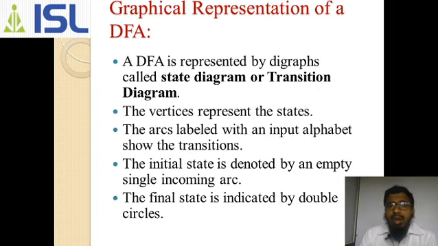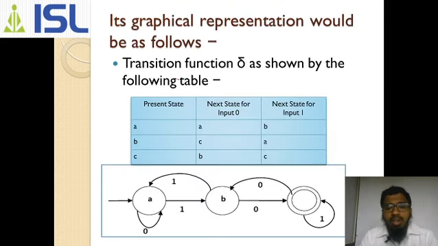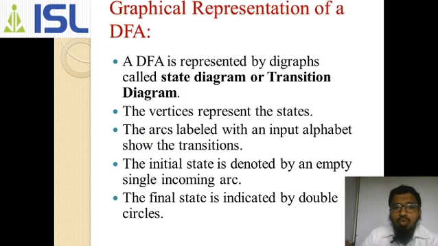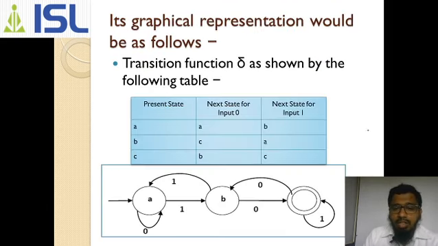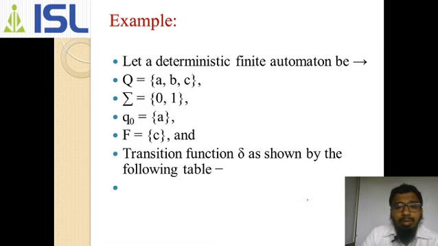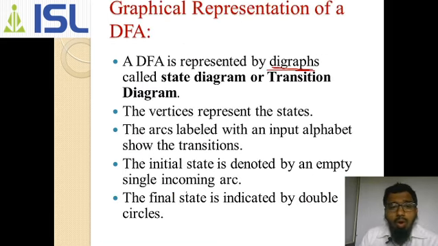Now the graphical representation of DFA. A DFA is represented by a digraph called a state diagram or transition diagram.